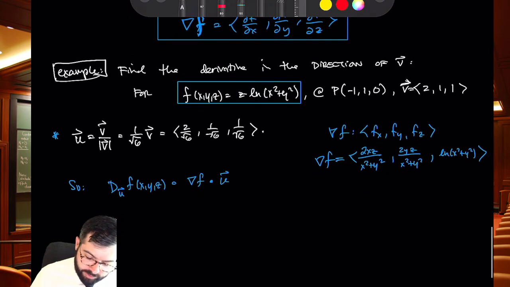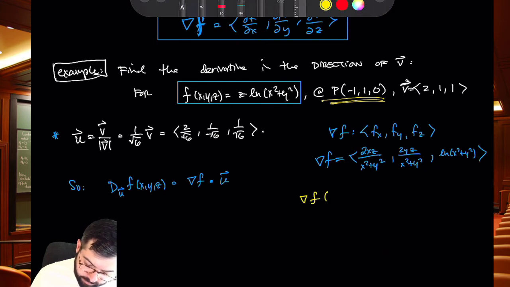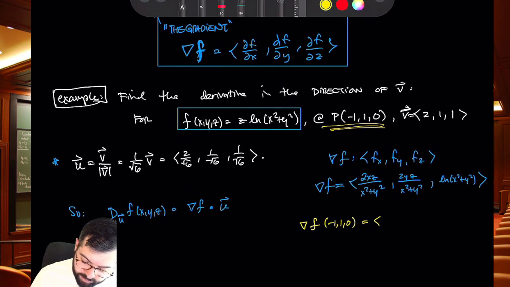But we're curious about the value at this point. So we're looking for the gradient of f at -1, 1, 0. Well, if z is 0, that means these two terms here are both 0. x and y are -1 and 1. We square them and add them, that's ln of 2.